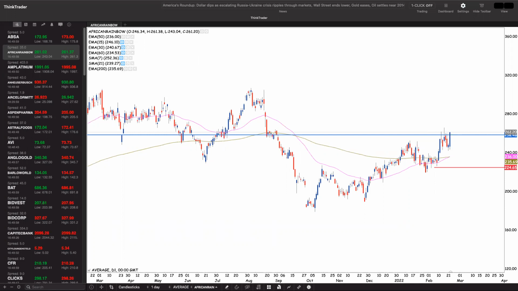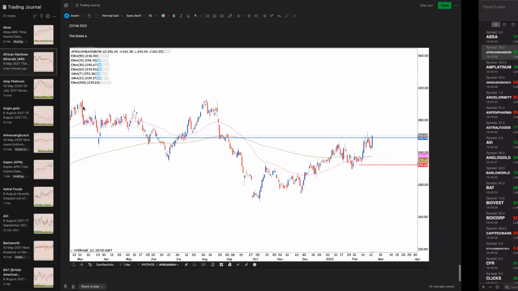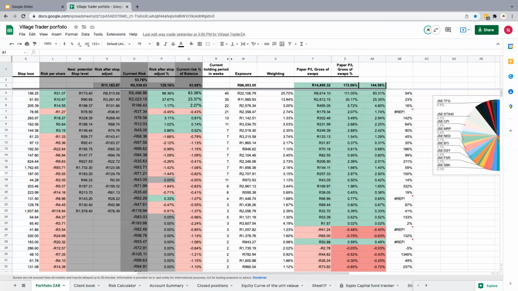I do my best to account for slippage. It's not nearly enough to account for slippage, but it does work. So 261, and my stop loss is at 224.65, which means I buy myself 2.4 shares.